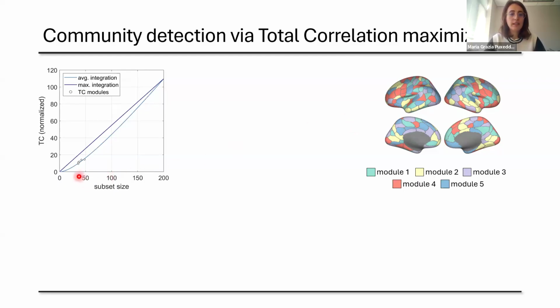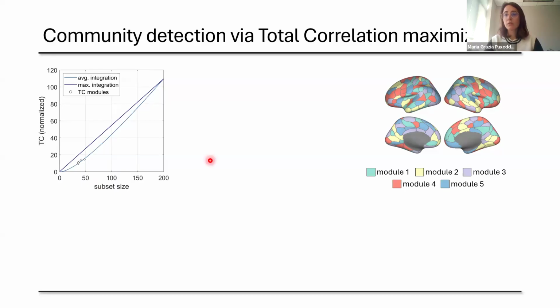And we can see where these total correlation values lay on this leaf diagram. Because we partition the network randomly by assigning nodes to clusters in a random way, we expect the total correlation of these modules to be close to the average level of integration.